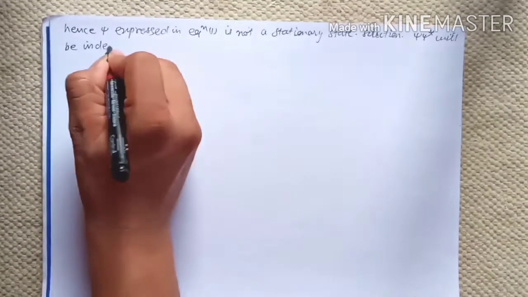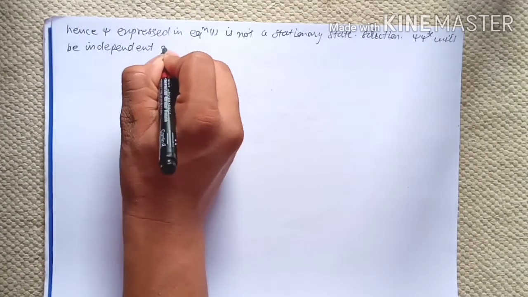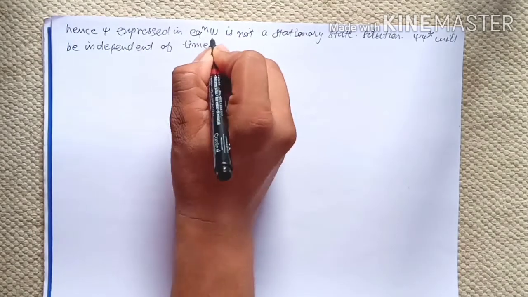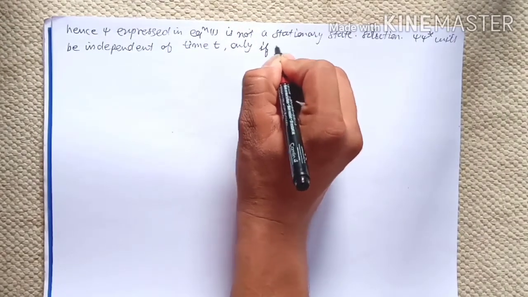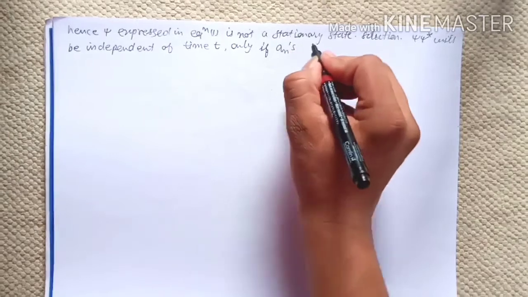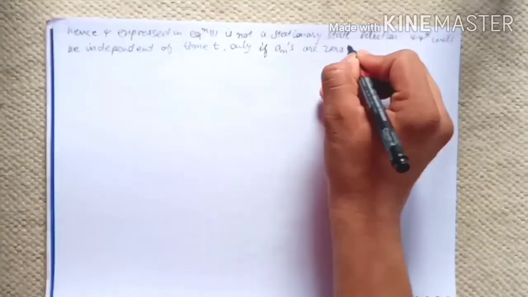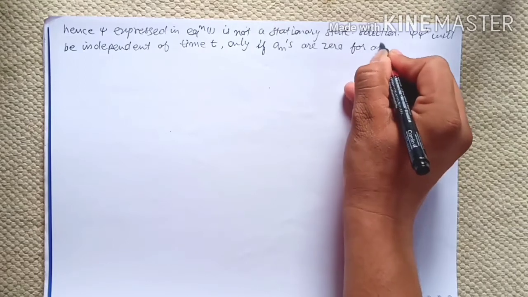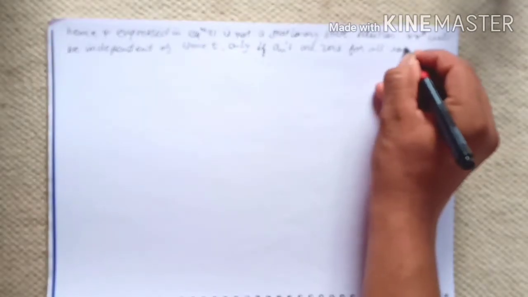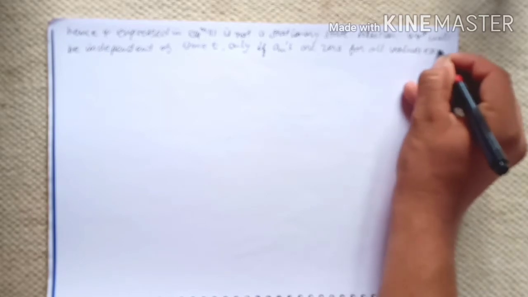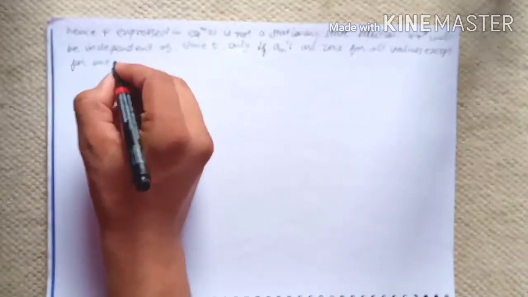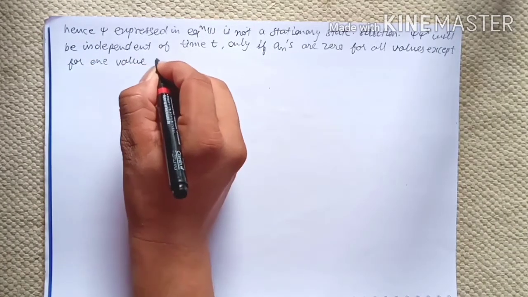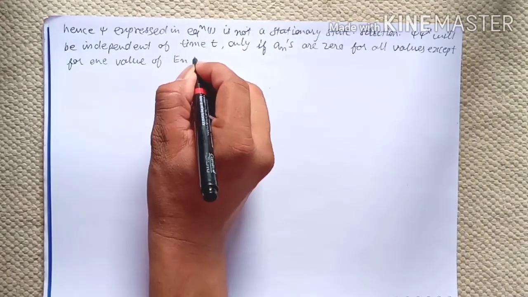Psi star psi will be independent of time t only if an's are 0 for all values except for one value of n.